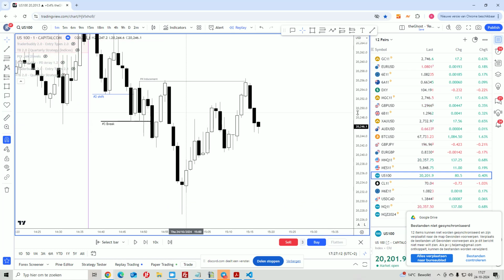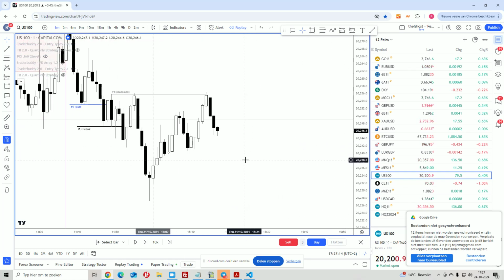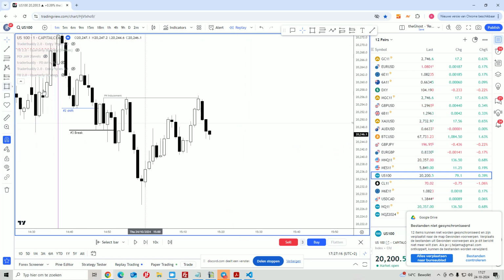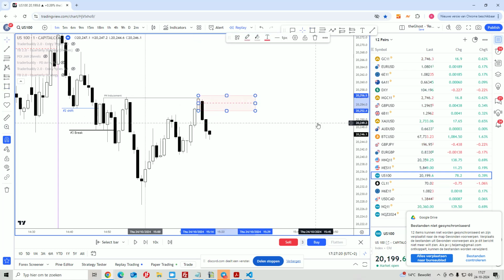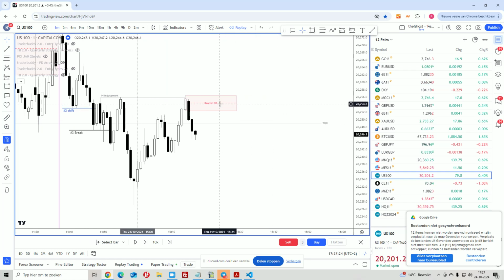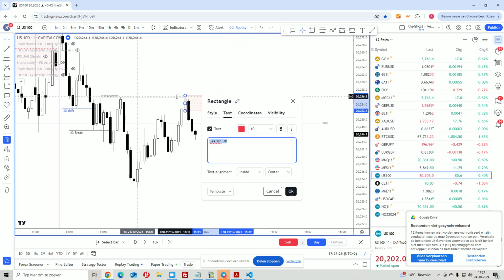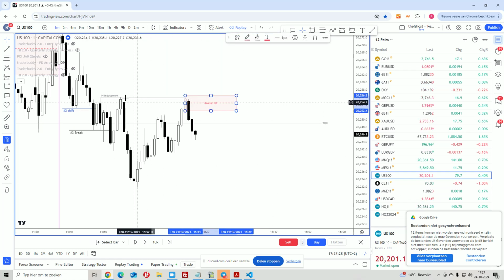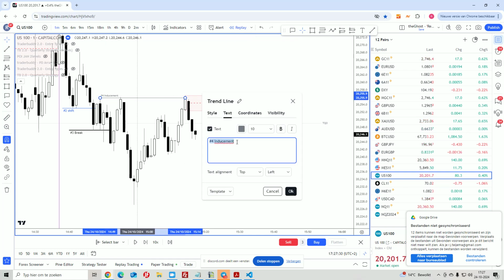And I haven't traded order blocks yet, but for now you can just use a POI zone as being an order block. And this is step 5. As soon as we take out the inducement. Step 5.